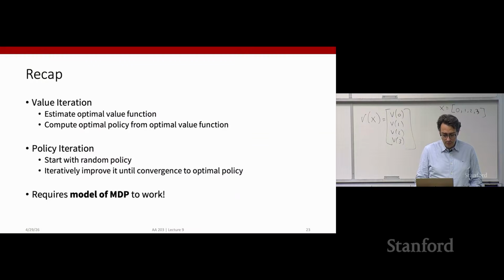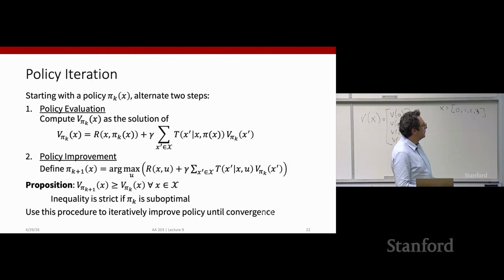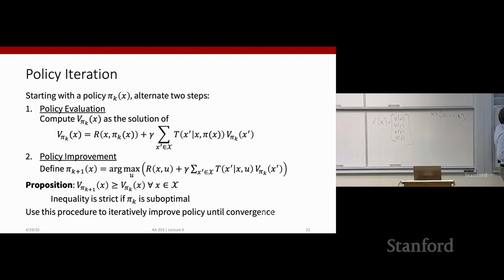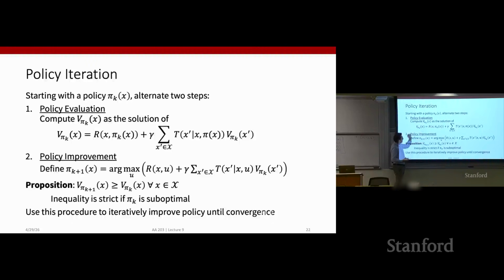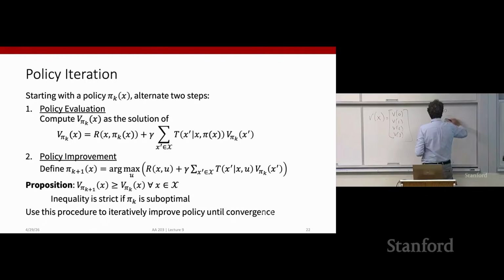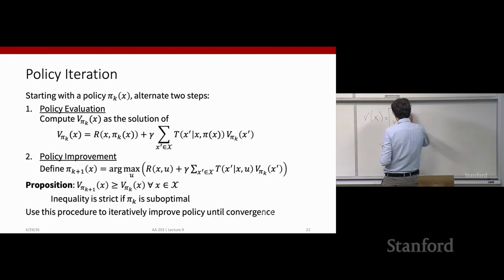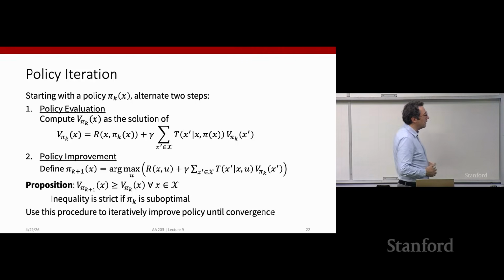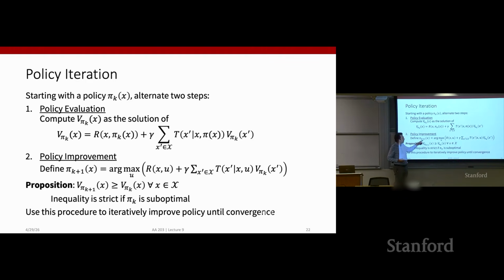So after you've done that, then you have a big step. The first step is referred to as policy evaluation, because we are evaluating the value associated to a given policy pi. The policy improvement step is where the magic happens. So now that we have computed the value for a given policy pi, we try to come up with a better policy. And to do so, we apply one step of the Bellman equation.